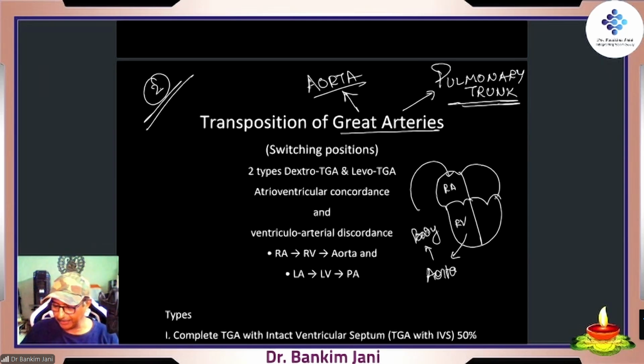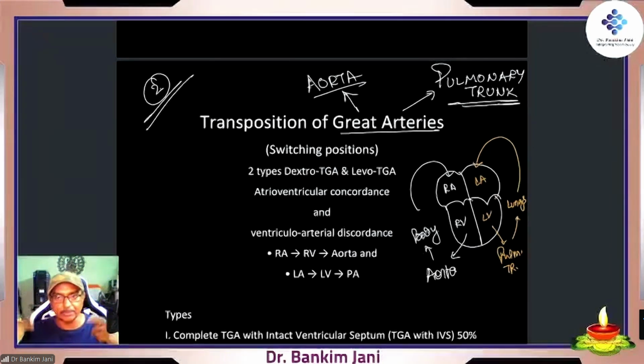Then this is the left ventricle, and this is the left atrium via the mitral valve. From here the pulmonary trunk goes out, and from the pulmonary trunk blood goes to the lungs. The oxygenated blood comes back via pulmonary veins to the left atrium, and the blood keeps on circulating.